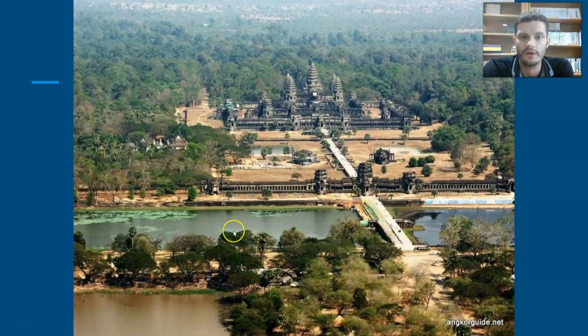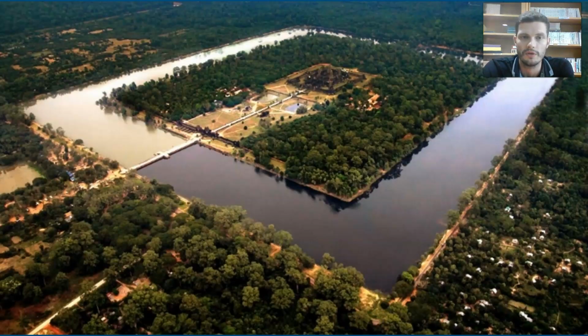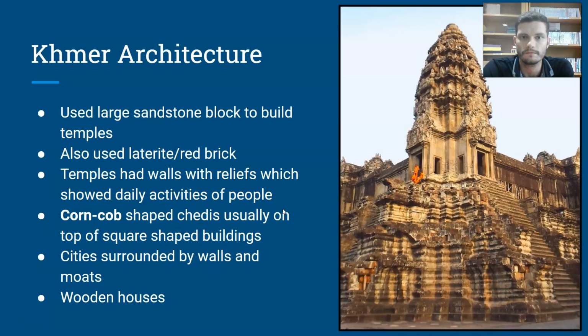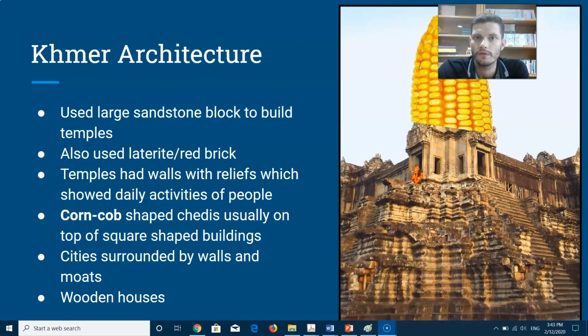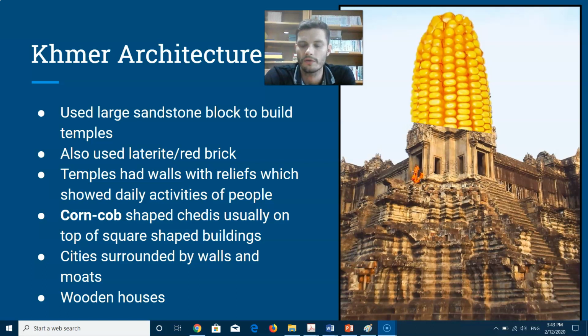And of course Angkor Wat is surrounded by a giant man-made moat, which is meant to represent the water surrounding Mount Meru. So again, the temple would have been Mount Meru, and this would have been the water surrounding it. There's our corn cob there, so you can get a better idea of what I'm talking about.